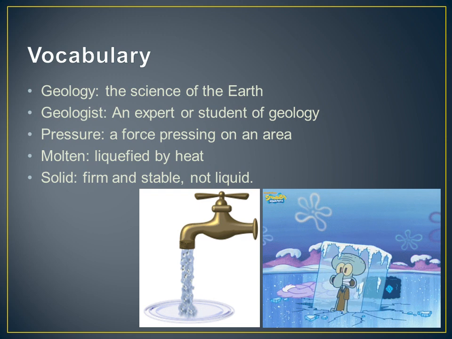This is firm and stable, not liquid. If you look at the pictures I've included in the slide, the left picture is liquid water. The picture on the right is actually of a solid. Water, frozen, becomes a solid, becomes ice.